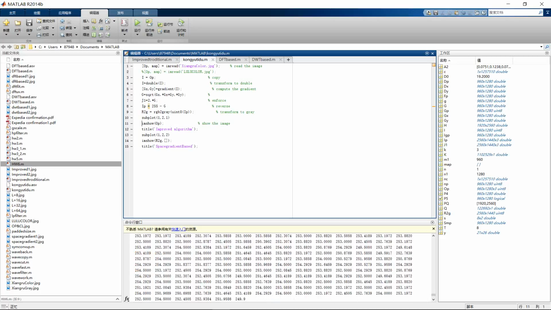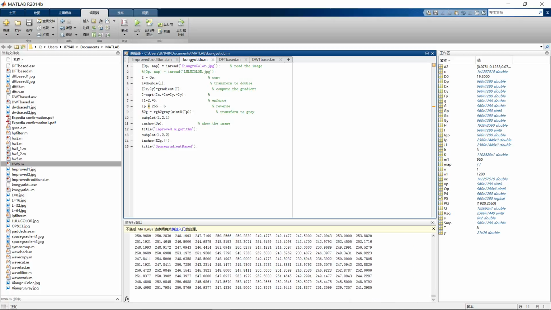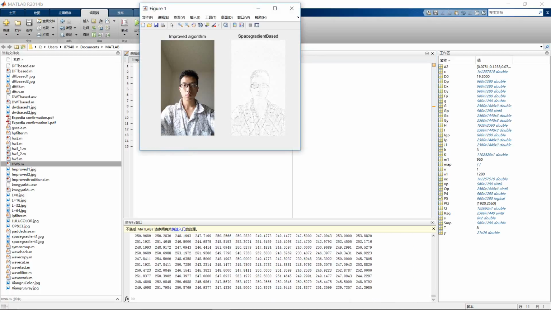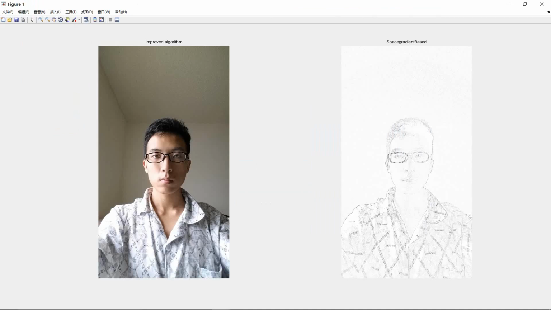Okay, this is my picture, my photo, and it computes the gradient. Let's wait a minute. If we choose a bigger picture, it will take a longer time.